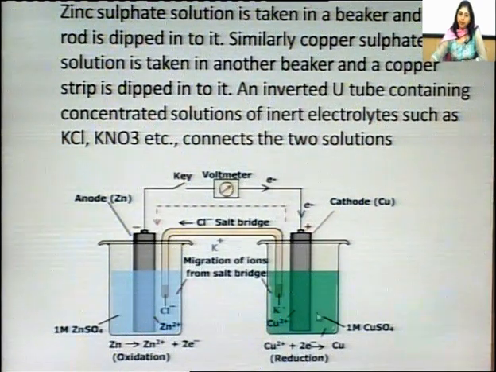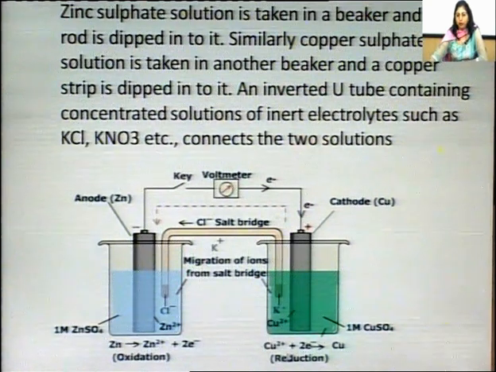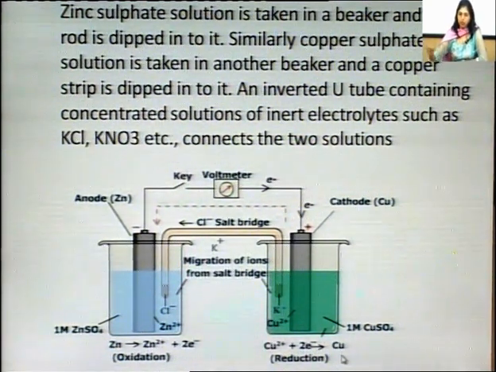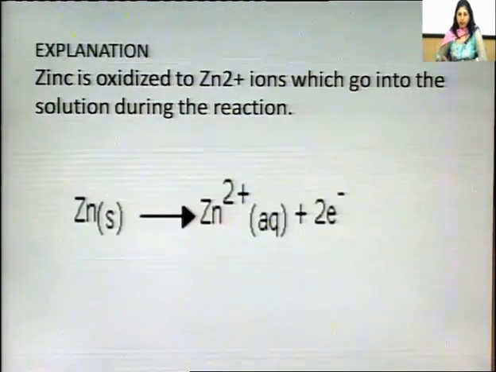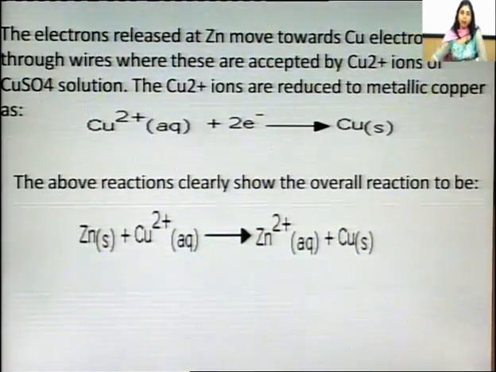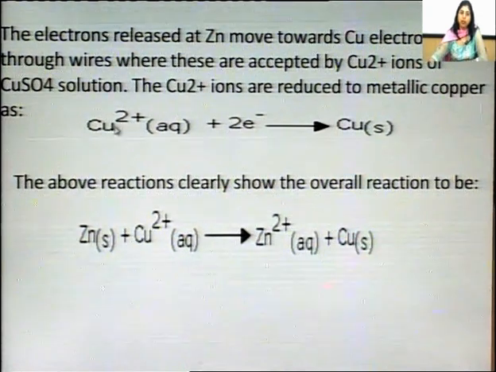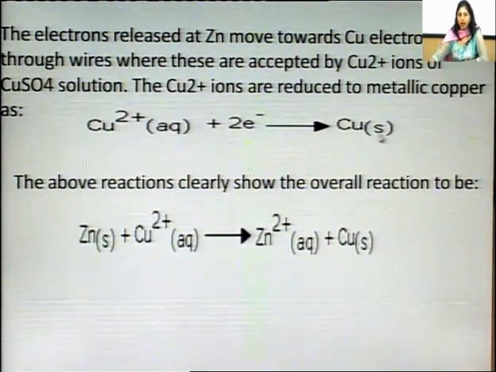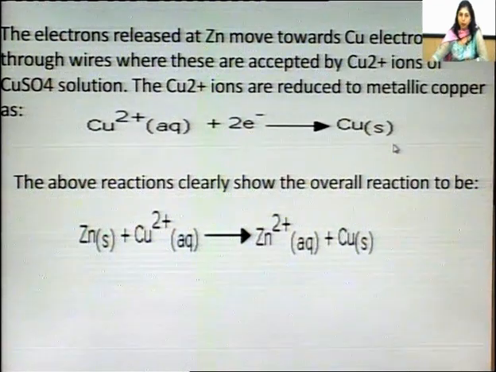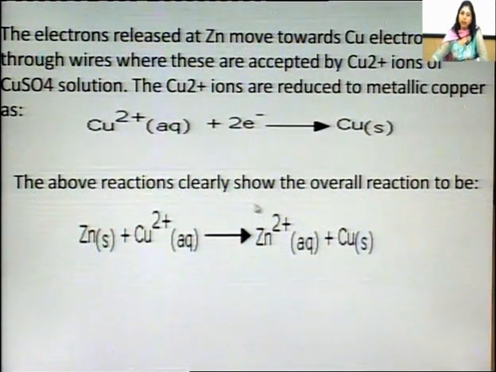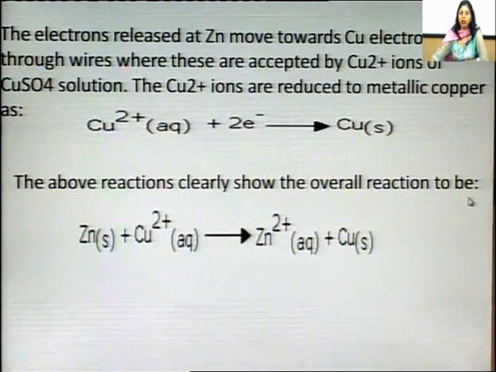On this side, copper ions present in the copper sulfate solution gain these electrons. Copper ions take 2 electrons lost by zinc and change into copper solid.